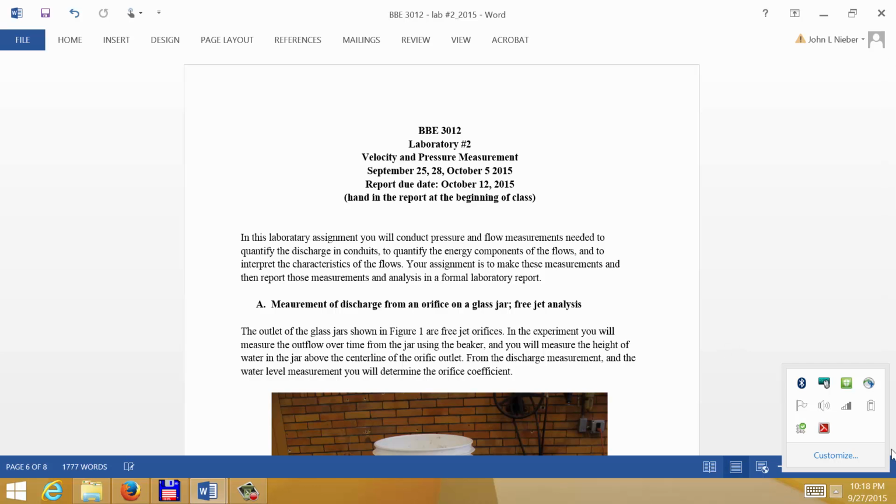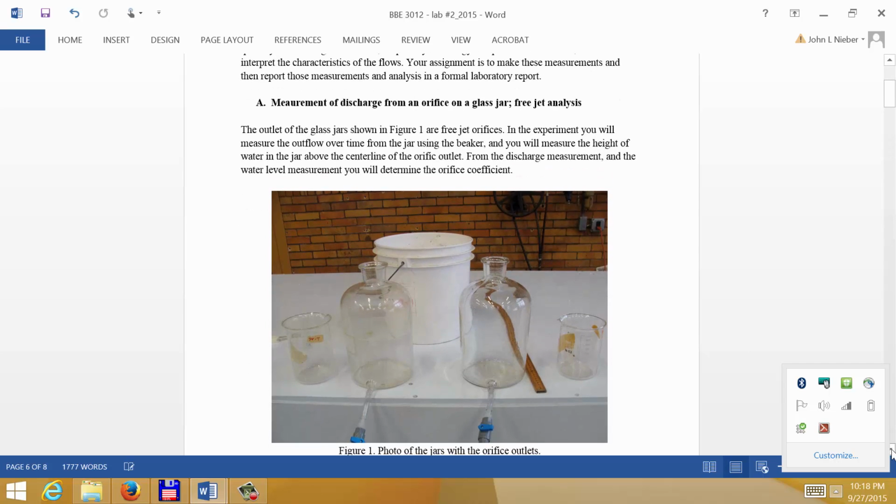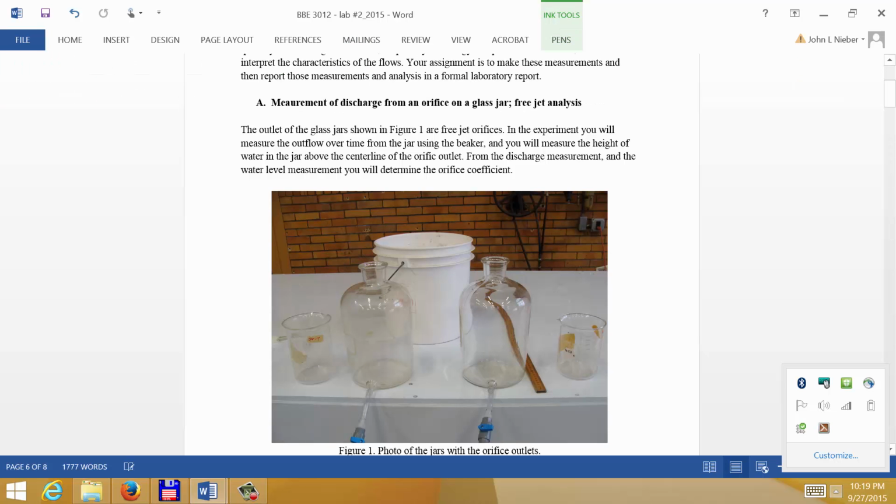In the first analysis we're going to be looking at free flow out of a jet coming out of a small glass reservoir, as shown here. We've got this container that's got an outlet, and I'll point that out here. So here's the container and there's the outlet.